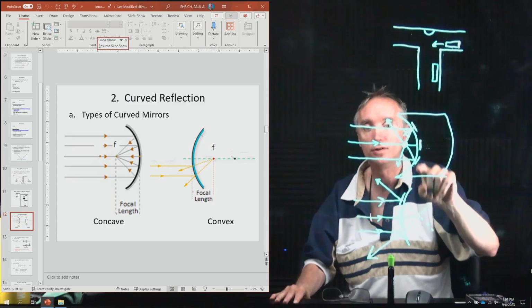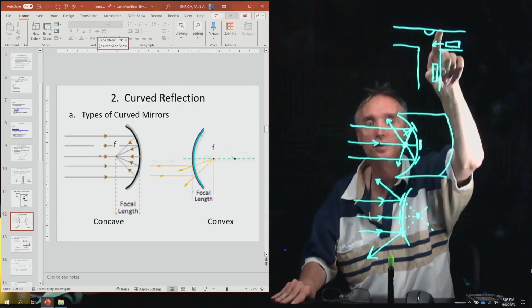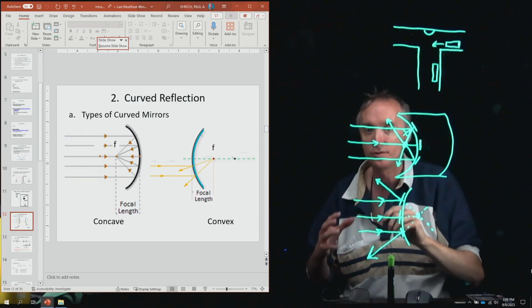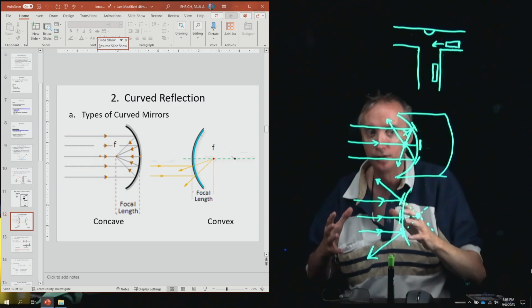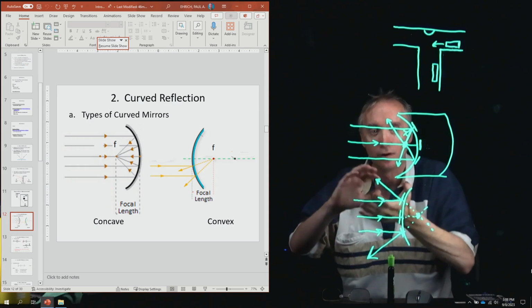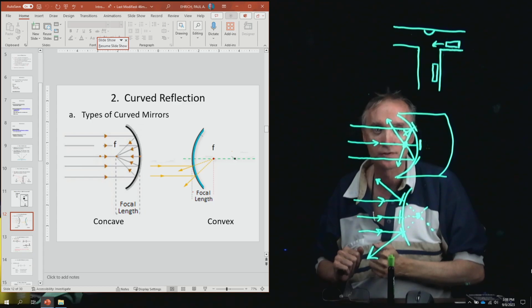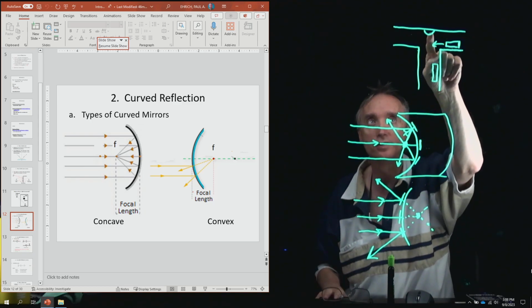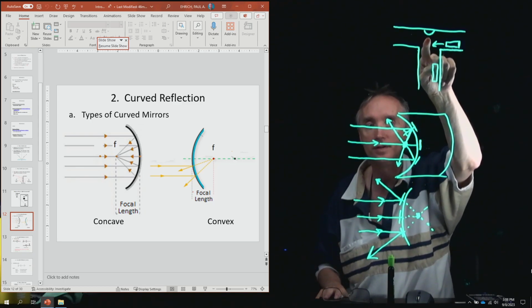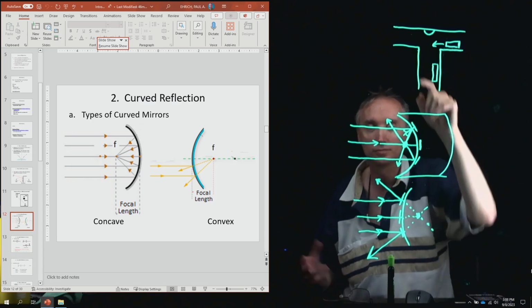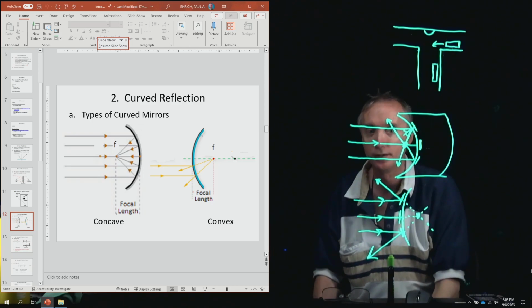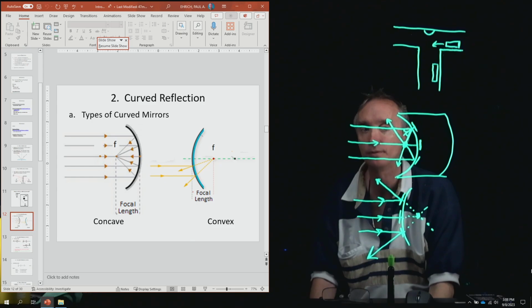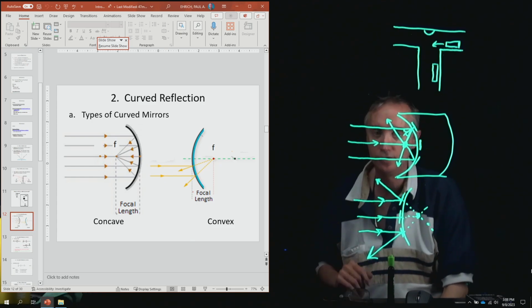So the good news is you have a wide view, but in order to get that field of view, you have to cram it onto the mirror. So things are going to look really, really small in one of these types of mirrors. That could be a possible disadvantage of the convex mirror. But they both have their usefulnesses.